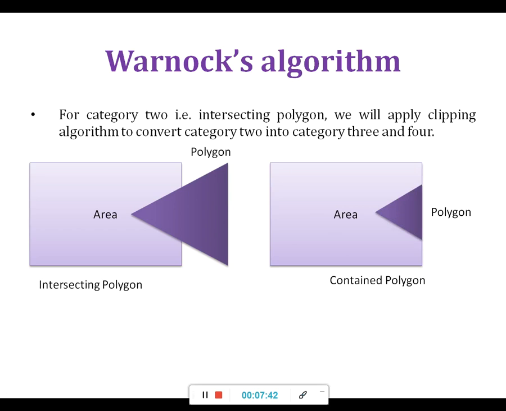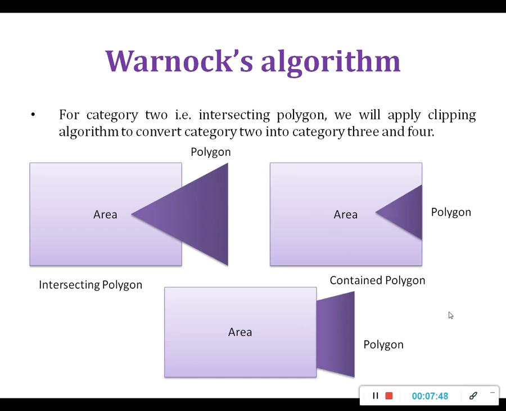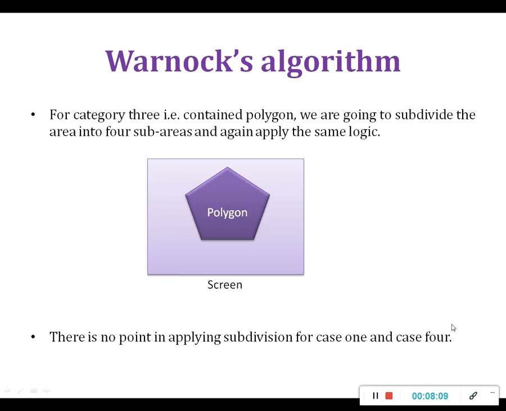Disjoint polygon. So the intersecting polygon is converted into a contained polygon, and one more category that is called a disjoint polygon. By clipping, first we do the interior clipping, then the exterior clipping, and accordingly we get the contained polygon and the disjoint polygon. So for this intersecting polygon, we are going to work on the contained and the disjoint polygons.